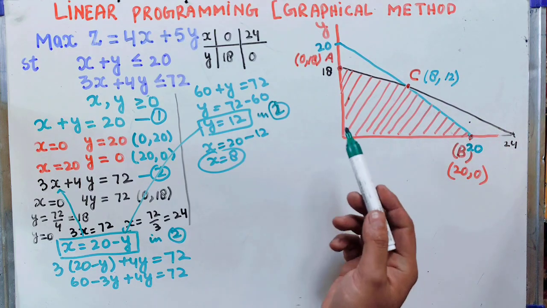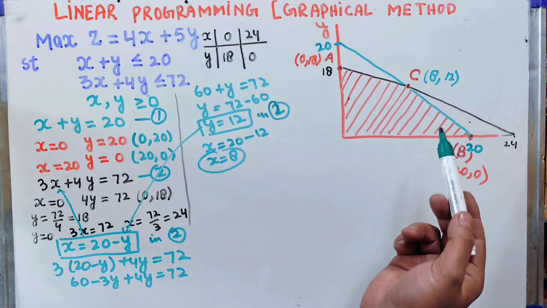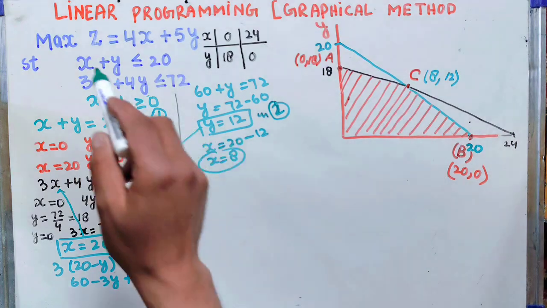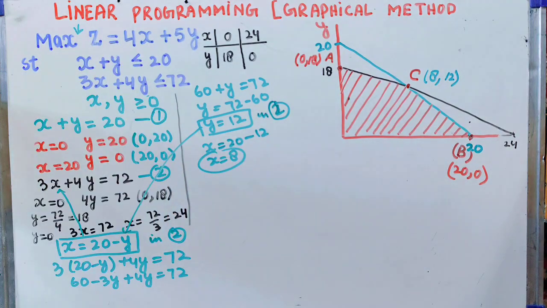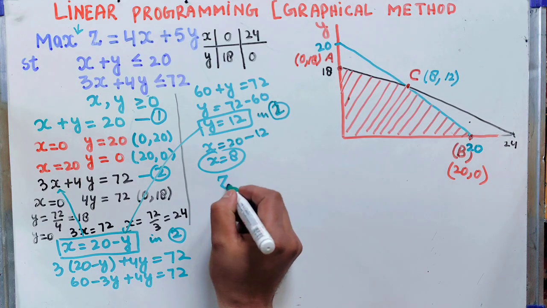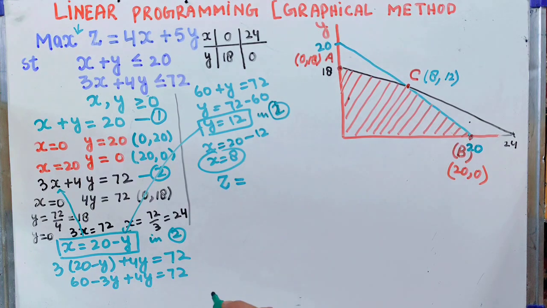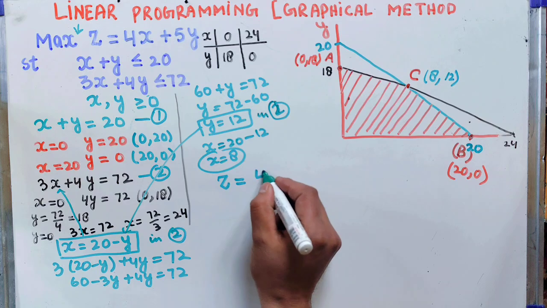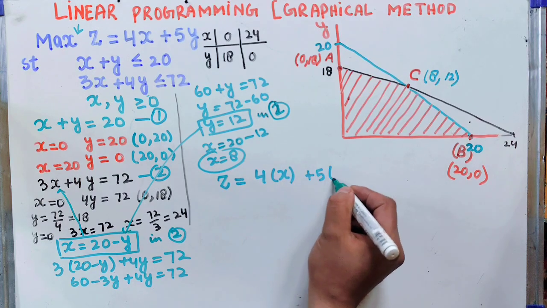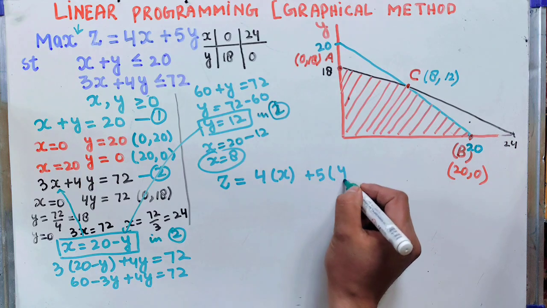Now we need to check all the points to be sure which among these maximizes our objective function. For that, we have our objective function z is equal to 4x plus 5y. Now we need to find the optimal points.